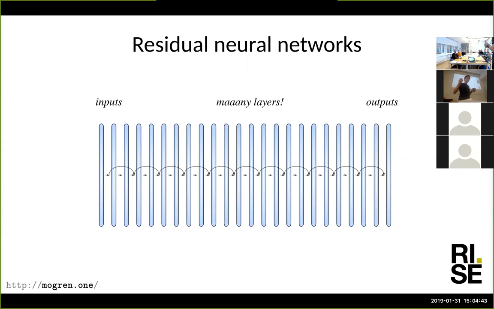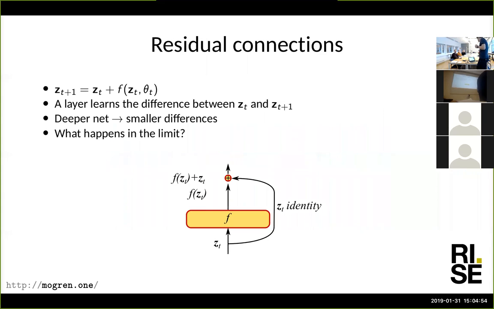This reached some kind of culmination in late 2015 when residual networks were proposed, and they looked something like this. We have super many layers because we were able to train a network with super many layers. And the reason for being able to train this network is these residual connections. The residual connection is just that we're feeding the input not only to the layer, but also to after the layer.